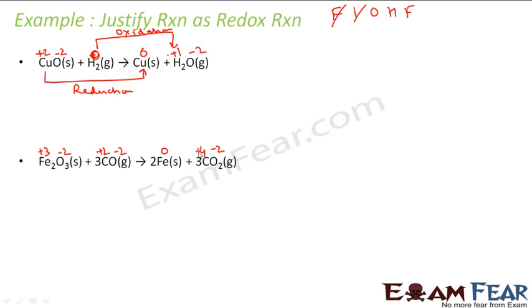Now the carbon went from +2 to +4, and iron from +3 to 0. So the iron change is reduction, and the carbon change is oxidation, because carbon increases from +2 to +4 while iron goes from +3 to 0. So this is also a redox reaction.